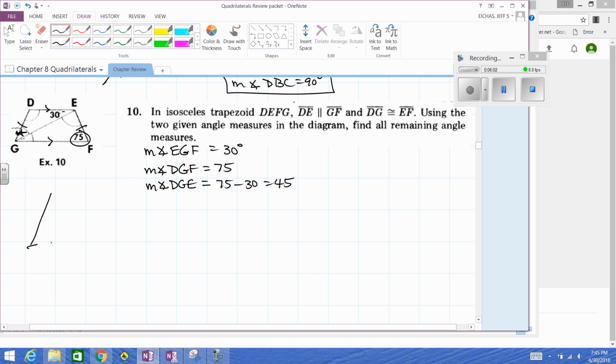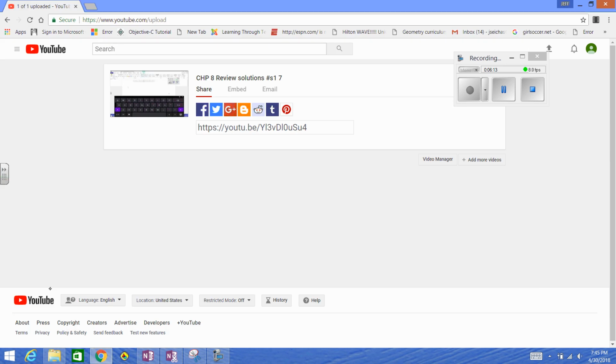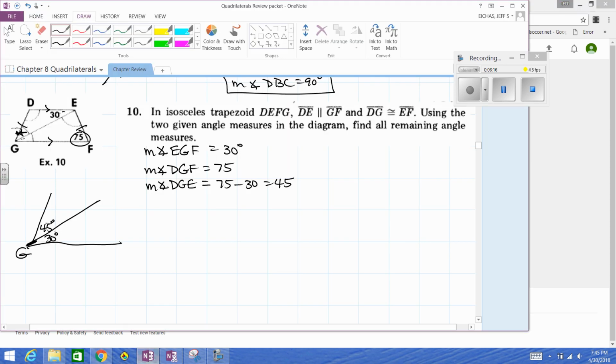So if we just isolate that, let's just focus on that for a minute. What we have is the whole angle 75, so that's broken down into 30 and 45. That's what I'm focused on right there, those angles at G. Now the upper angle D. The measure of angle D is going to be 105, because of 180 minus 75, and those are consecutive angles.